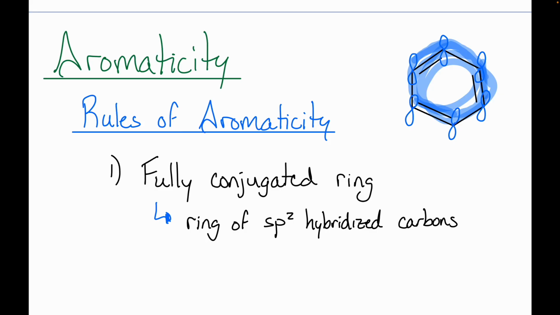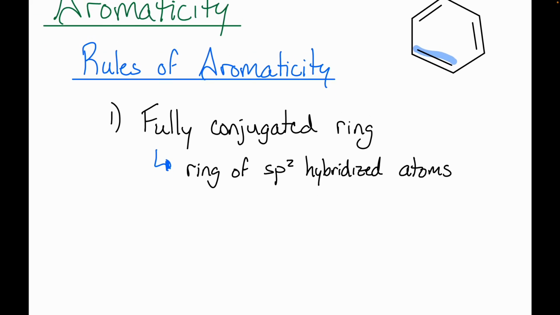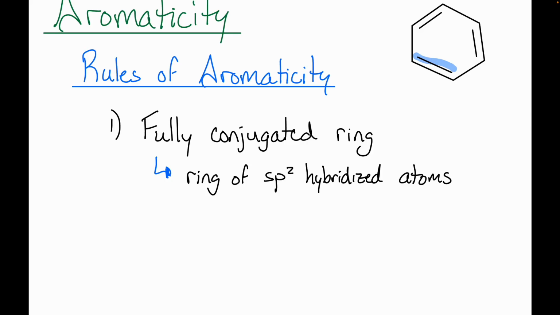We're looking for a ring of sp2 hybridized, and actually not even carbons, sp2 hybridized atoms. Okay, and so why is that going to make our compound aromatic? Well, just like we saw before, when we have conjugated double bonds, our electrons can delocalize around that ring.